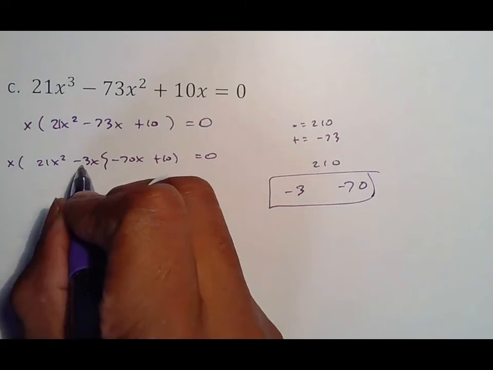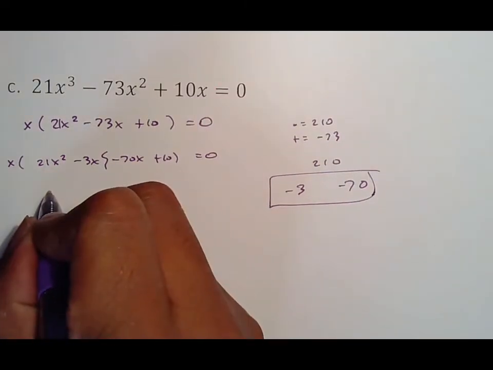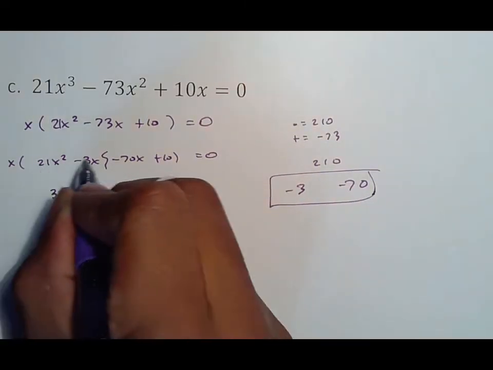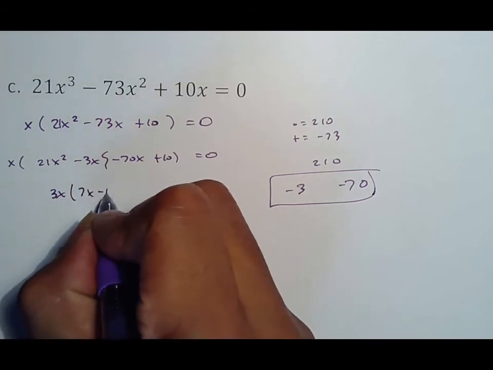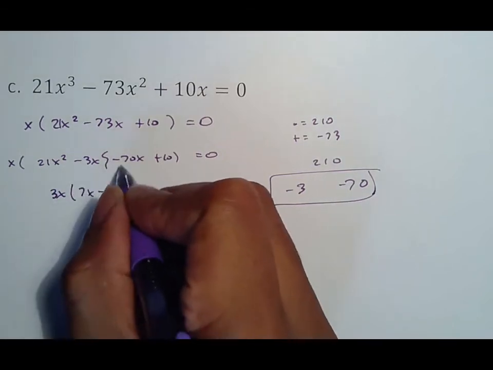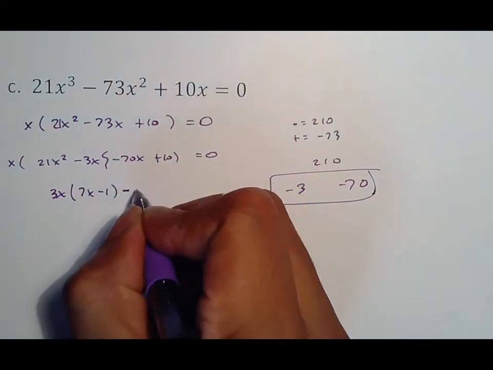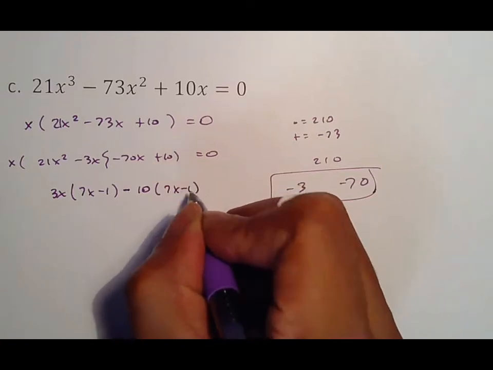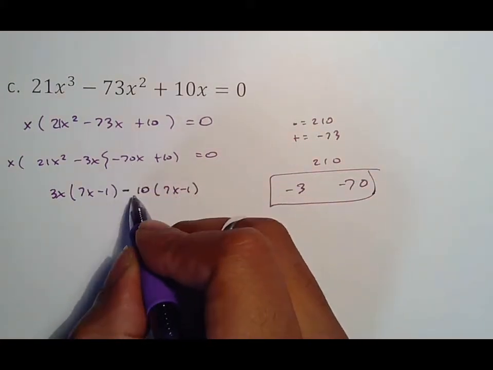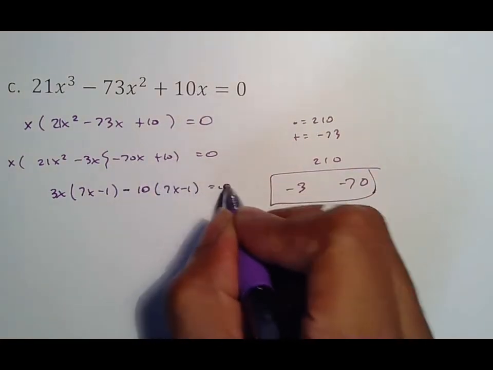Splitting it, taking off my 3x, because the biggest number for 21 and 3 is 3. x comes off, leaving me 7x minus 1, because 3 divided by 3 is 1. Copy the sign. The biggest number I can take out here is 10. And again, copy your 7x minus 1. Just do a real quick check. Negative 70, positive 10.